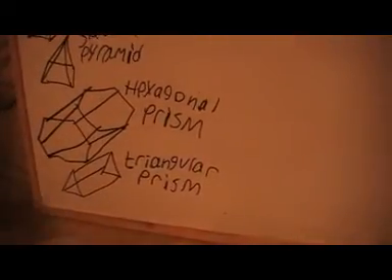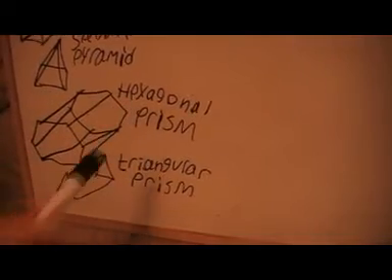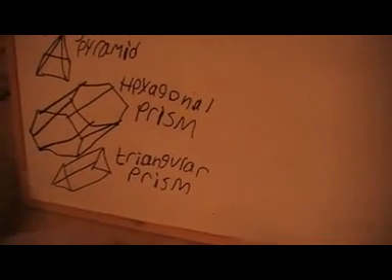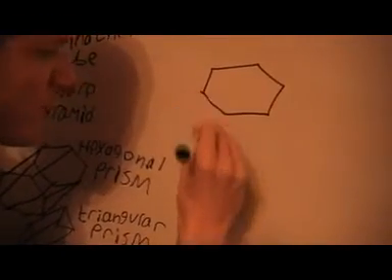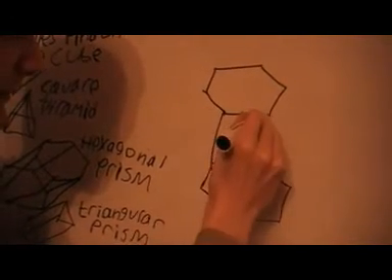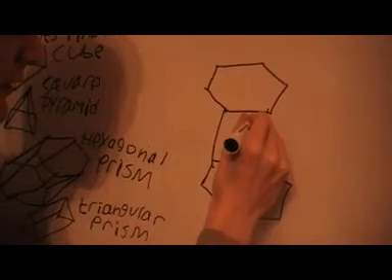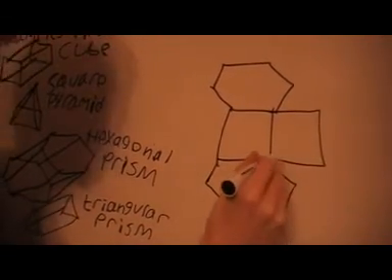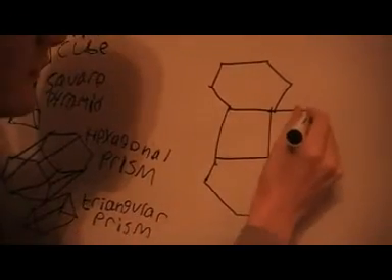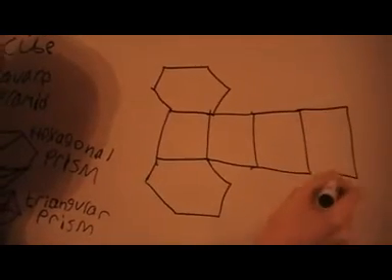Now let's look at the hexagonal prism. So let's say I want 2 hexagons obviously, and then I've got 6 things. So I've got 1, 2 there, 3, 4.